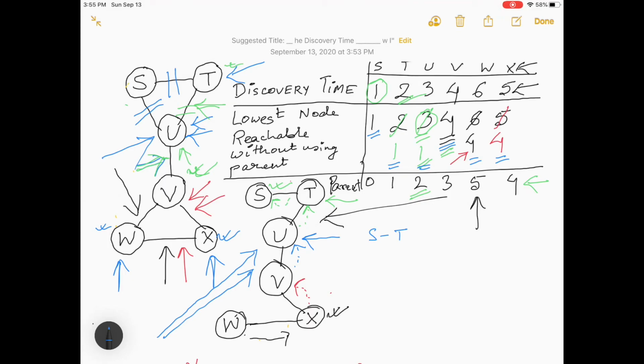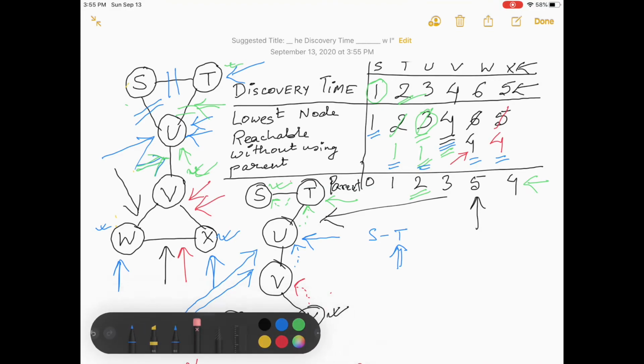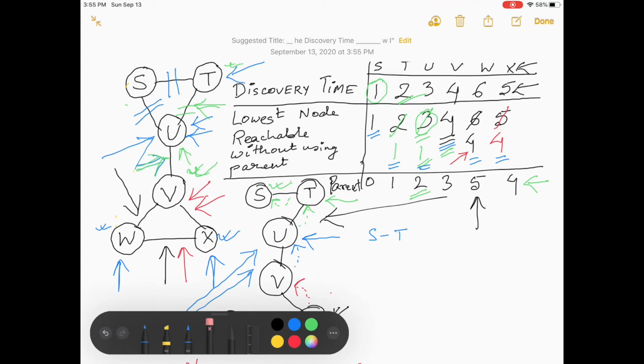For edge st, we see what is the discovery time of s, and we know that we would present the edge in a way that the first vertex happens to have been discovered before the second vertex. So if I say edge st, that would mean that in the DFS spanning tree, s was discovered before t.